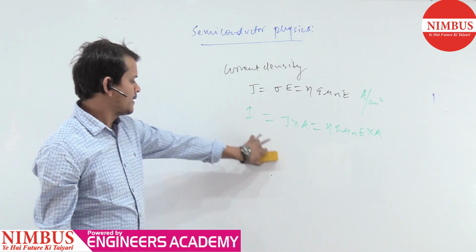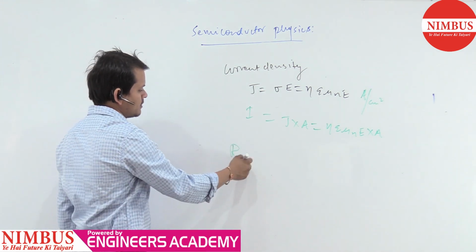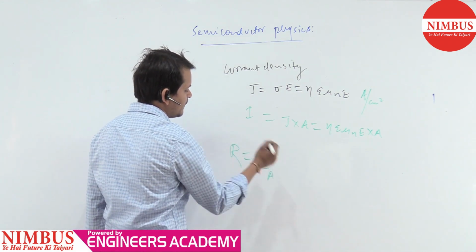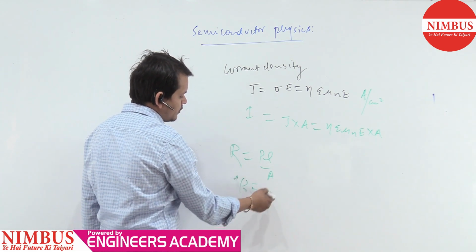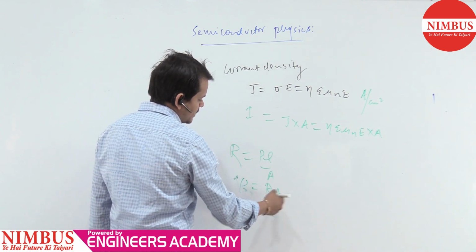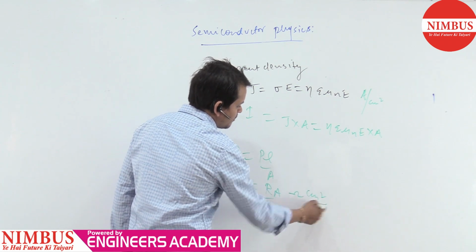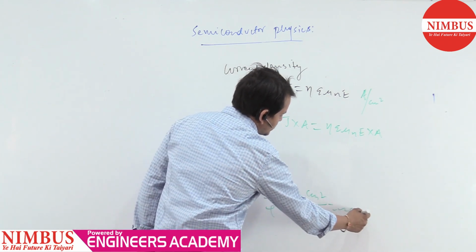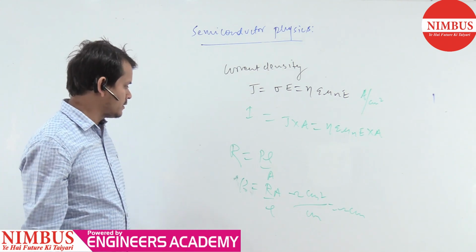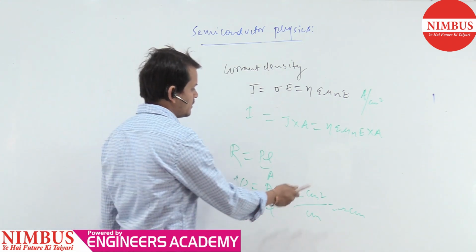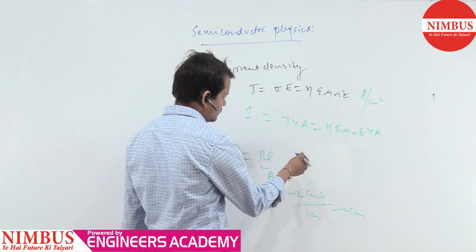Okay, now what is resistance? Resistance R is equal to rho L upon A. So the rho is equal to R A upon L. So what is the unit of rho? Ohm centimeter square per centimeter, which is ohm centimeter. So the unit of resistivity is ohm centimeter. And what is the unit of conductivity?